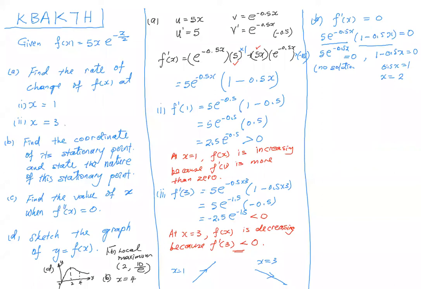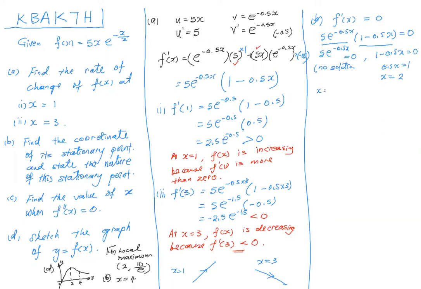Sub the x inside. No, this is okay. This one you get the y coordinate. So when x equals 2, correct, nothing wrong. But I want to know the nature. Never mind, I will do what you say first.